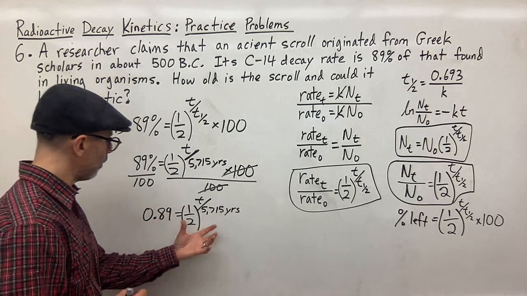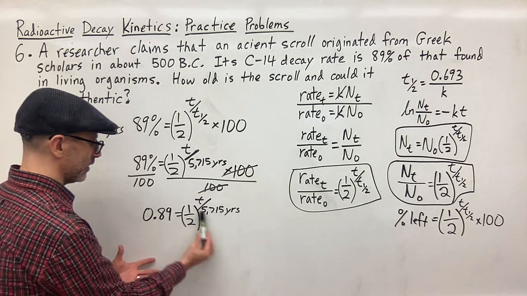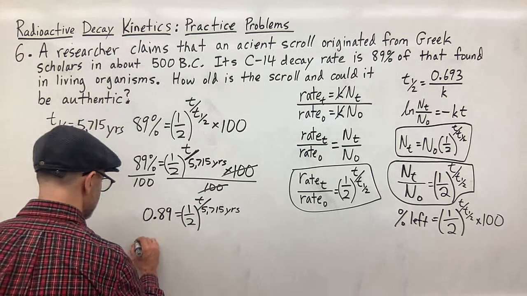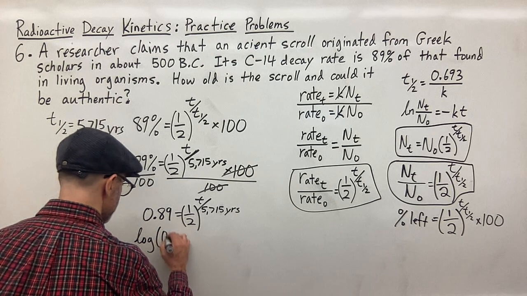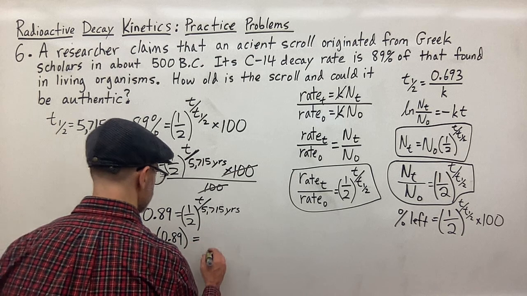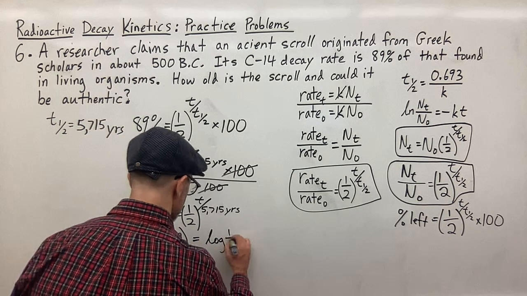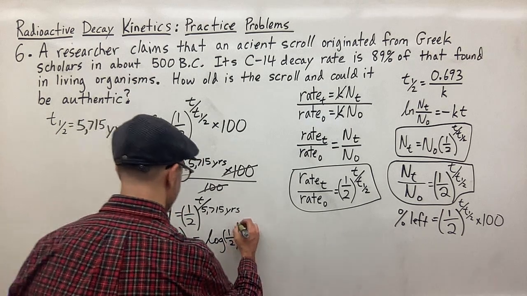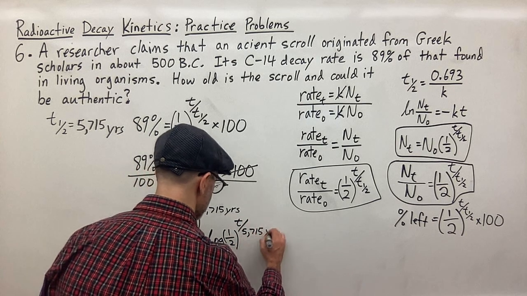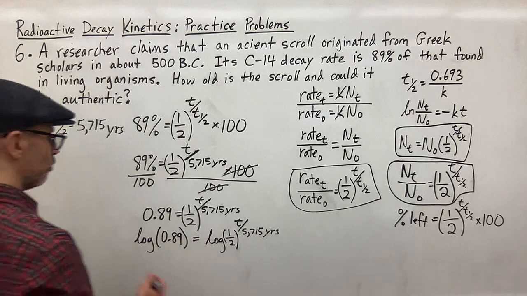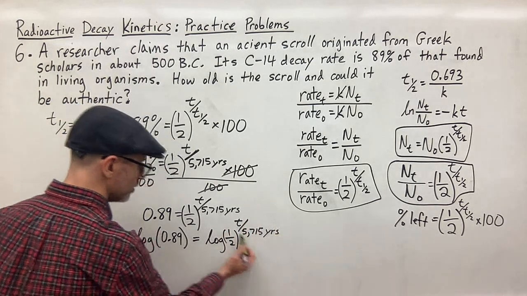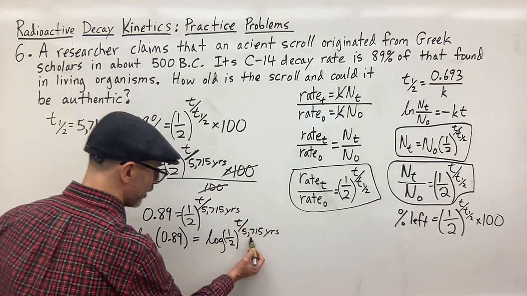And now I want to take the log of both sides because I want to get this power down here. So now I'm going to take the log of 0.89, and that's going to be equal to the log of 1/2 raised to the power of t over 5,715 years.